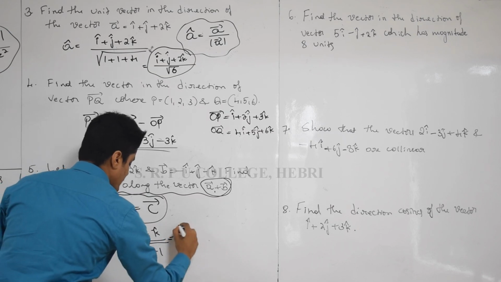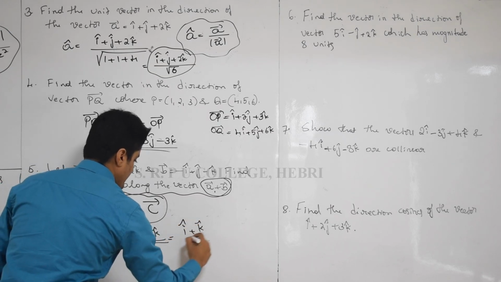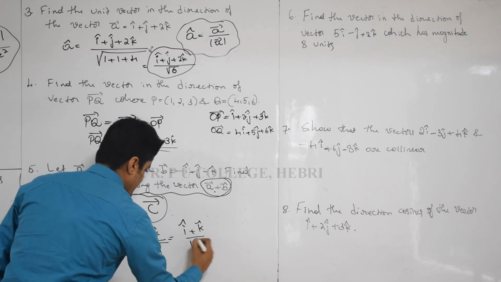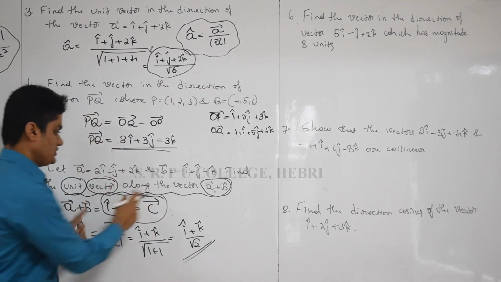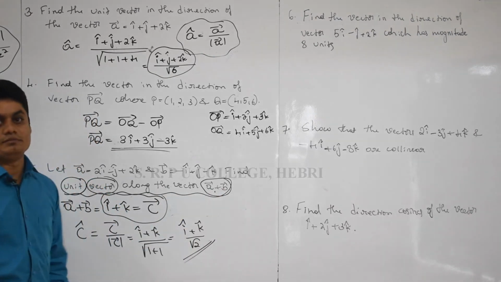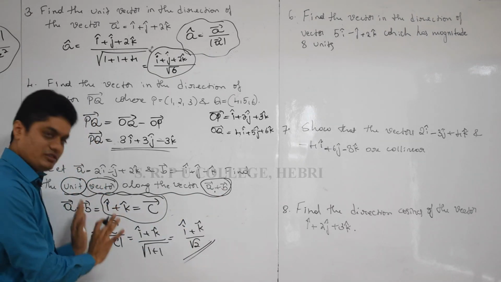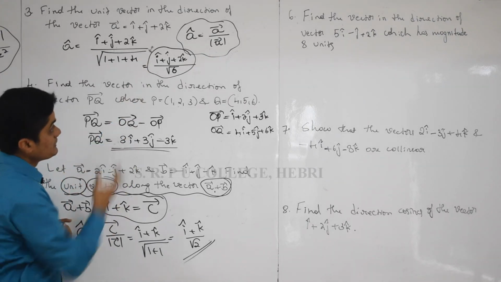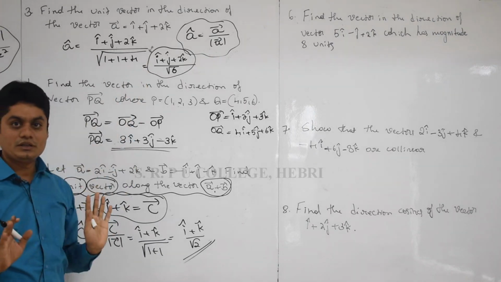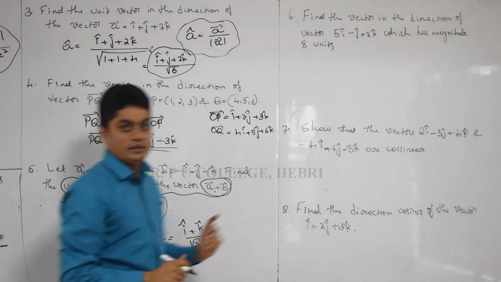So it is i cap plus k cap divided by root 2. What does it represent? The unit vector along the direction of vector a plus b. Actually this is also a simple question for 1 mark only. One extra step compared to the earlier problem is the addition. Understood? Very good.